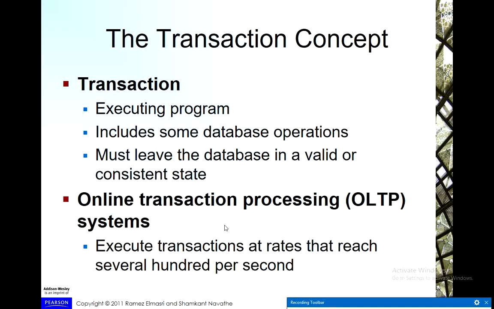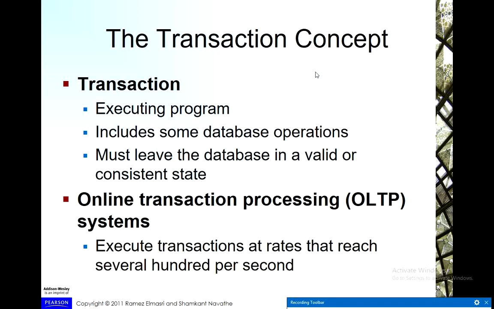This transaction has to be fully completed, right? Because the money has to leave your account and get into the other person's account. It cannot just leave your account and not get into the other person's account and be lost in the middle. So it has to be executed as a complete transaction and leave the database in a valid or consistent state.